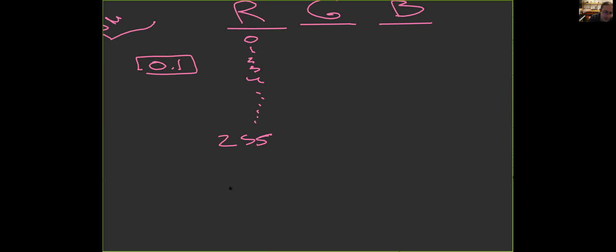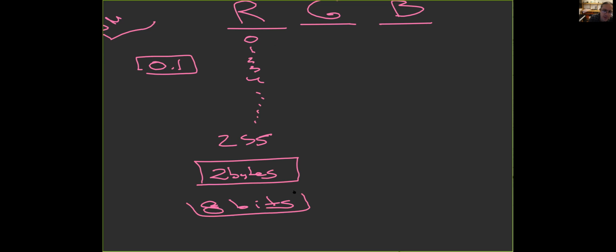Why? Because we are storing this in bytes, which means that we keep 8 bits of information for the level of red, 8 bits for the level of green, and 8 bits for the level of blue, which gives us a total of 24 bits of resolution in color.